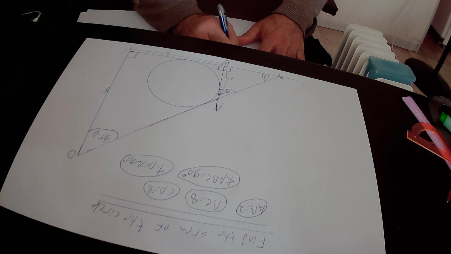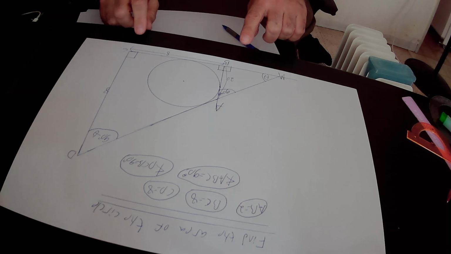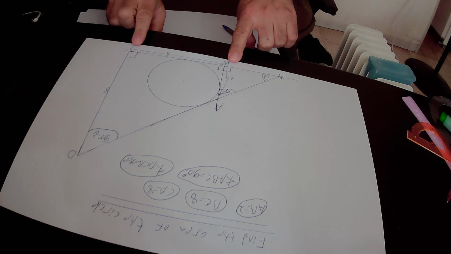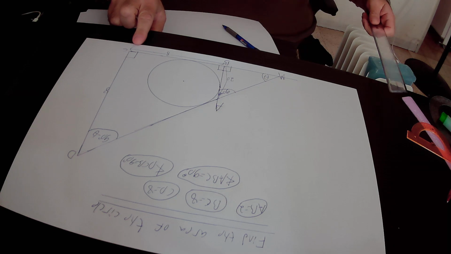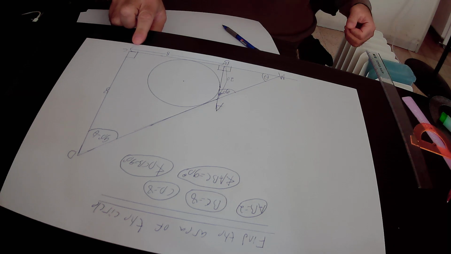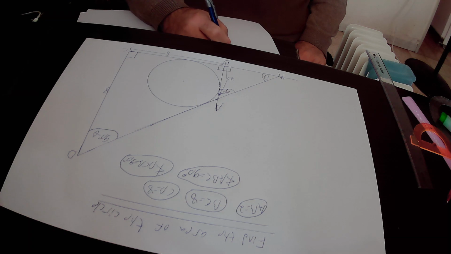So, why are those two triangles similar to each other? First of all, those two angles are both equal to 90 degrees, therefore they are equal to each other. This angle, angle DCM in the big triangle, is equal to this angle, angle ABM in the small triangle.